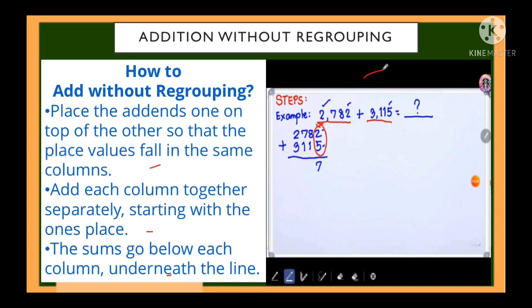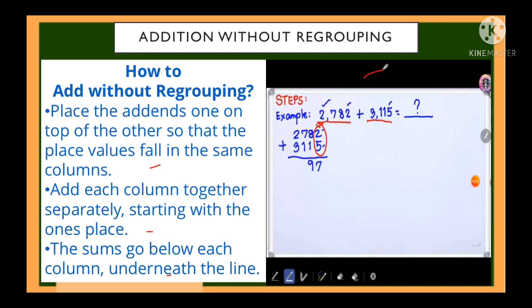Alright? And then, of course, after the ones place, we will now move on to the tens place. Our tens place is 8 plus 1. So 8 plus 1 is 9. Good job. So we have here 9. After the tens place, we will move on to the hundreds place.